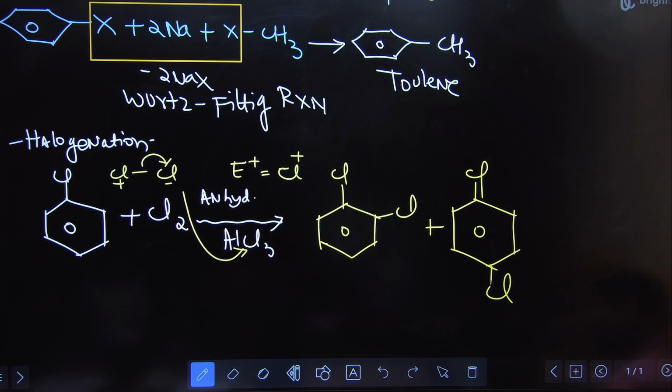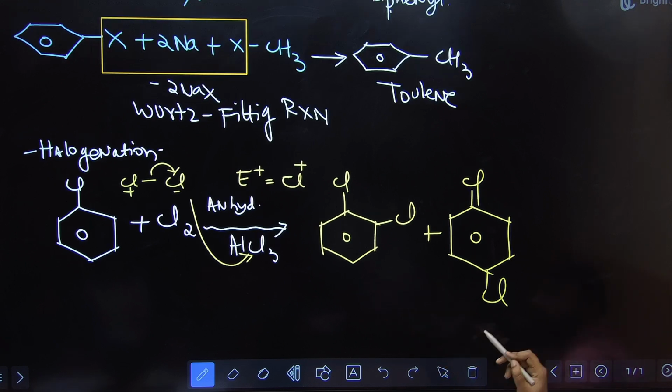So guys, quickly, can you tell me at least the IUPAC name of both? So 1,2-dichlorobenzene and the other one, yes, 1,4-dichlorobenzene. Simple. It's very easy.